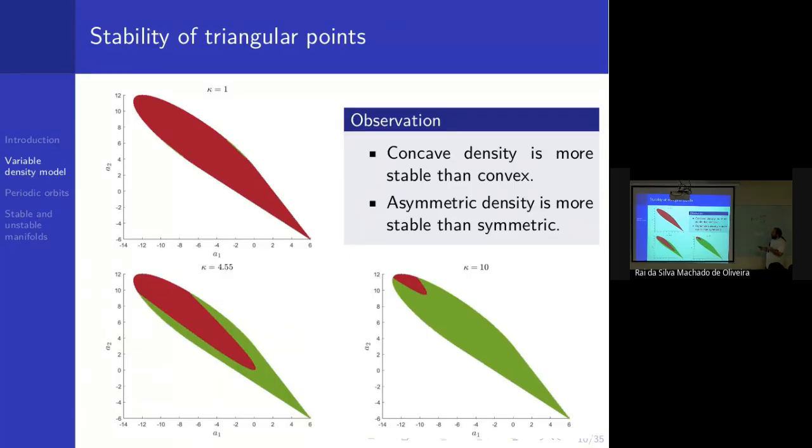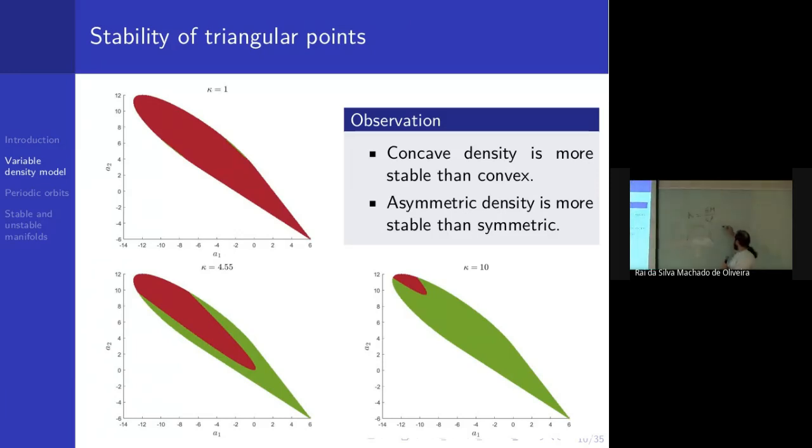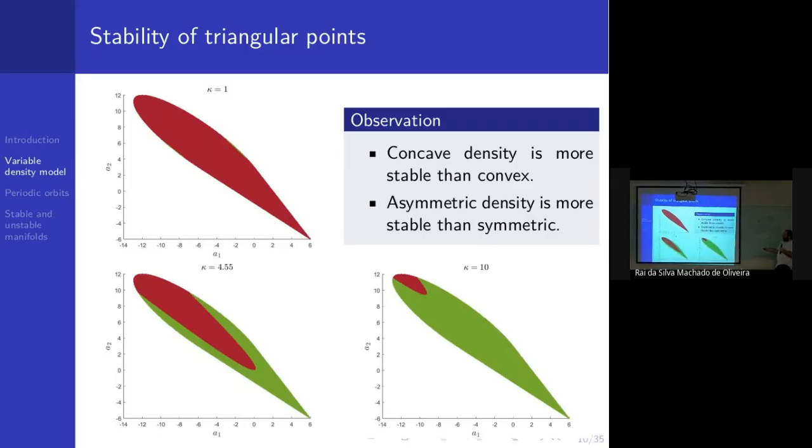First one is that concave density becomes stable before convex density. So concave density is when the density is just like that, when the parabola is something like this, and convex density is when the parabola is something like that. So the concave density region corresponds to negative values of A2, which are more or less here. As you can see, as we increase the K constant, this region becomes stable, while this one remains unstable.